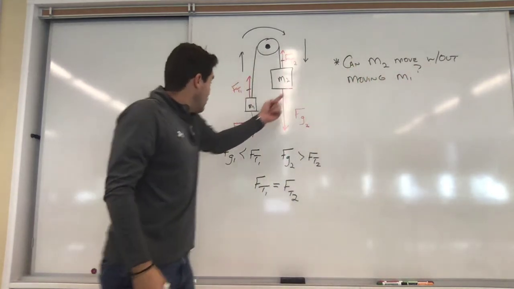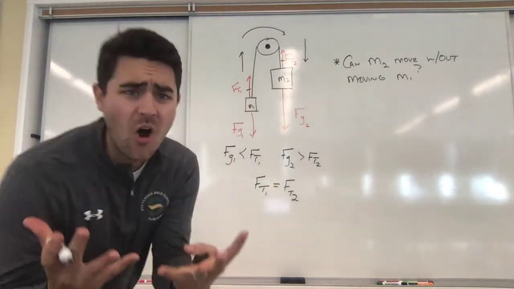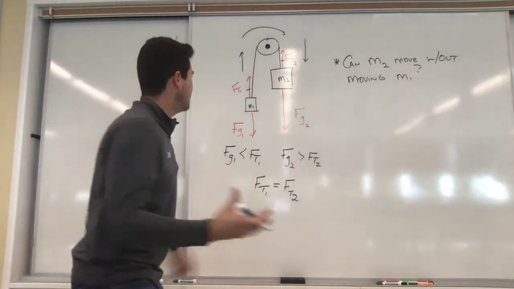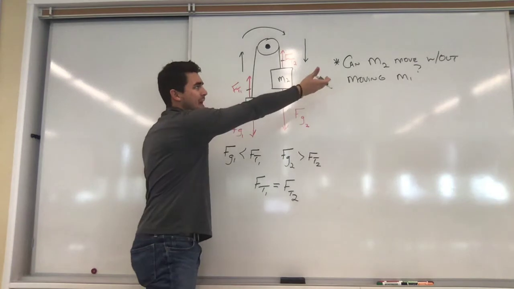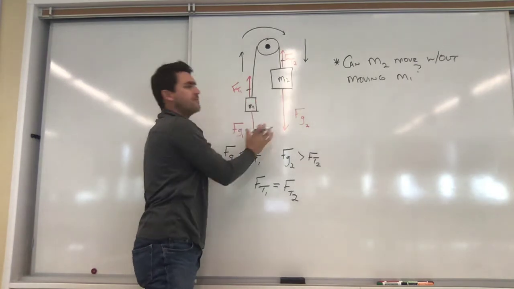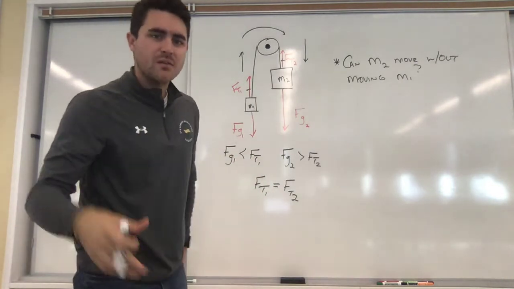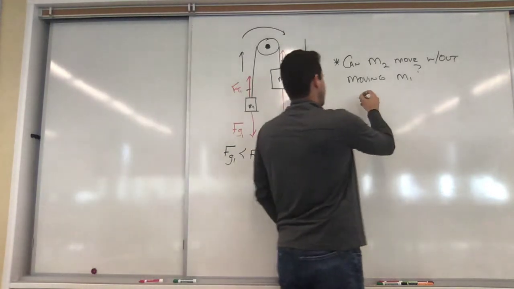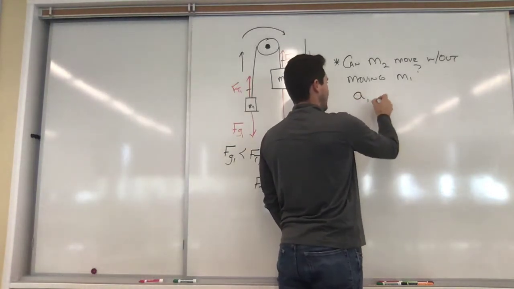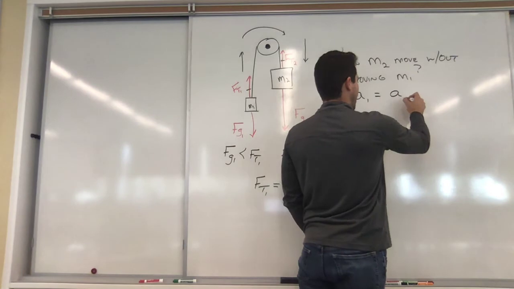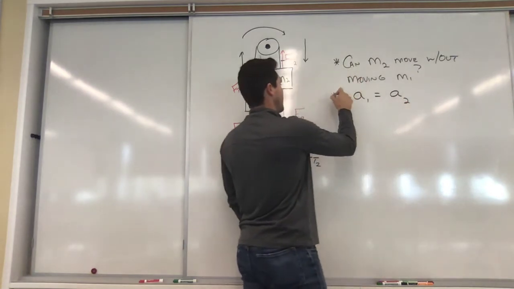Can this box move without moving that? Heck no! Of course it can't move. So, no way. Can M2 move without M1? No. This is going to fall, that's going to go. How do the accelerations compare? They're the same. That's important. The acceleration on box 1 is equal to the acceleration on box 2. That's a pretty big idea.